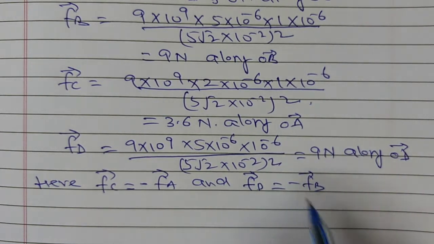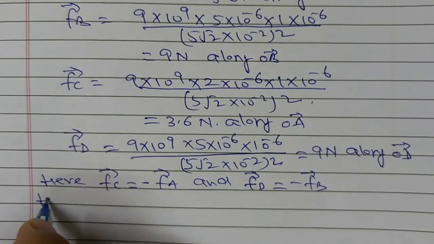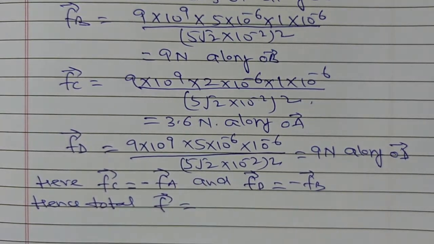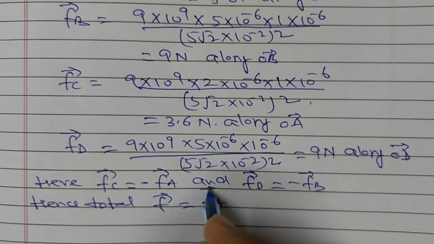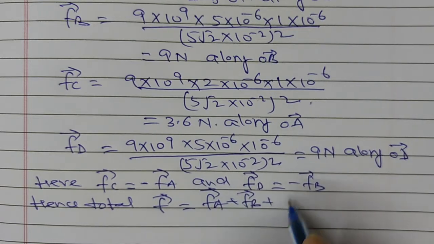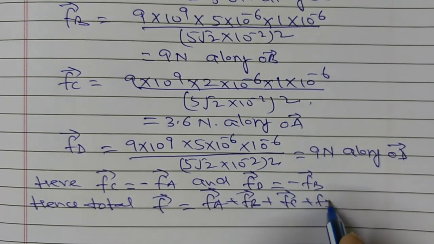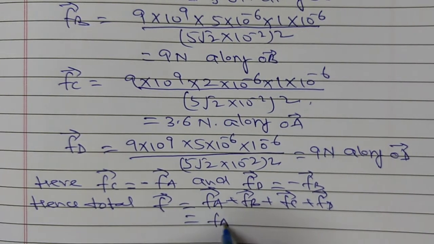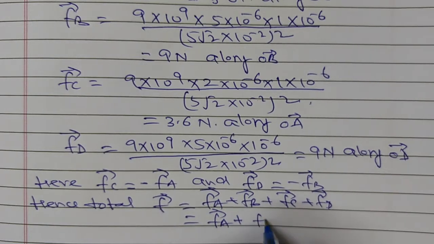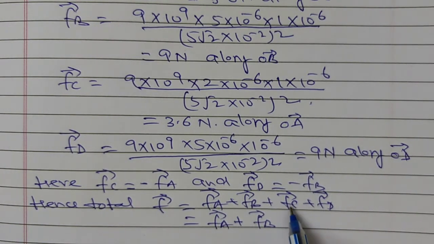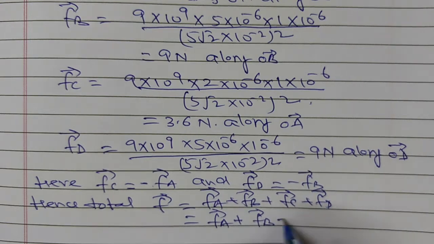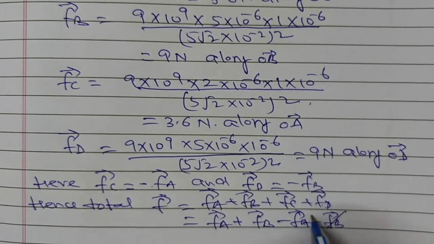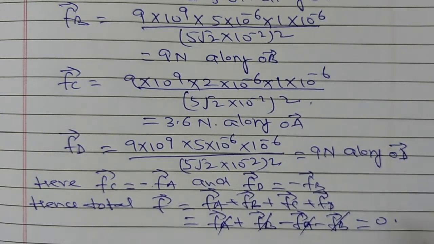Direction opposite but equal in magnitude, therefore hence the total force F vector is equal to FA vector plus FB vector plus FC vector plus FD vector, or FA plus FB plus FC, but you know FC is equal to minus FA and FD is equal to minus FB, therefore the resultant force is 0 Newton.